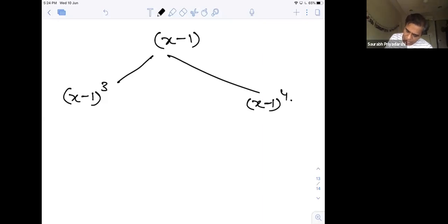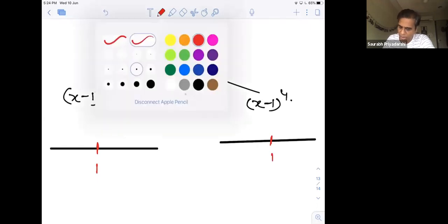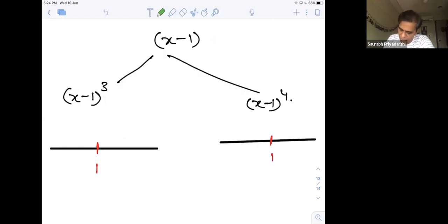In this case, when we are putting the value, this will be 0 at 1, both will be 0 at 1, right? In the first case, when you put any value greater than 1, this will be positive. Similarly, this will be positive. This having odd power, this having even power, right?